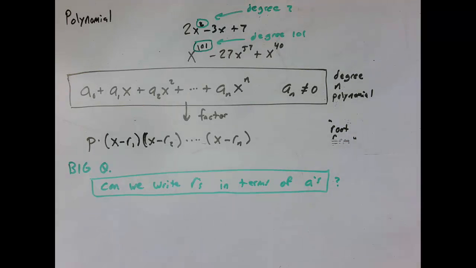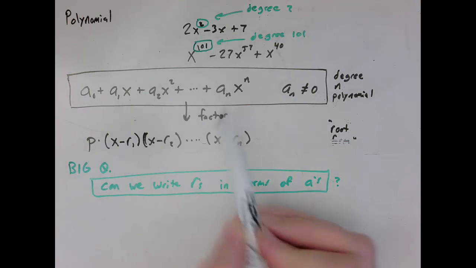Finally, I wanted to end with sort of the big question, or a major question that you've been concerned with about polynomials, which is how to solve them. What you're doing when you're solving a polynomial is you're trying to figure out what are the roots, and you're trying to write those roots in terms of the coefficients.